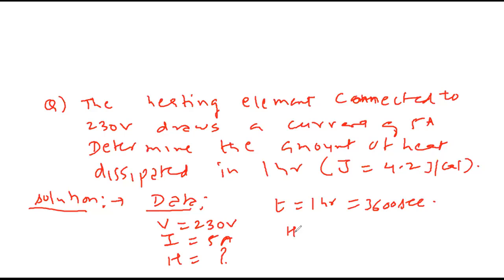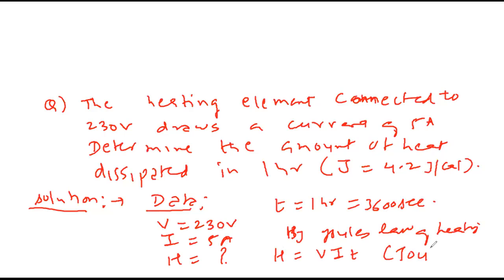By Joule's law of heating, heat is VIT in joules, correct? If you divide by J, it becomes calorie, na? Yes, sir. Okay, please copy till this, then we are completing further.